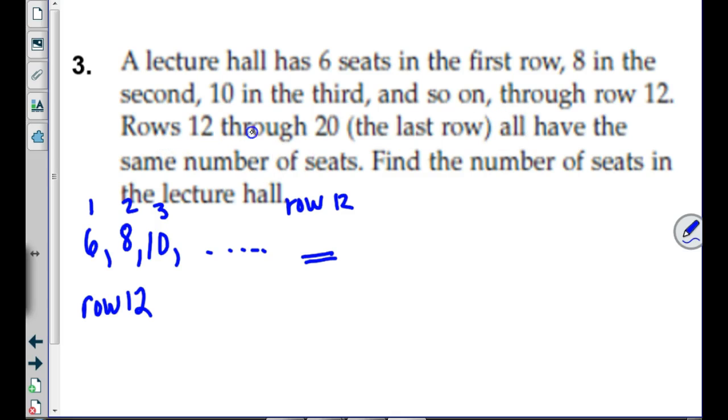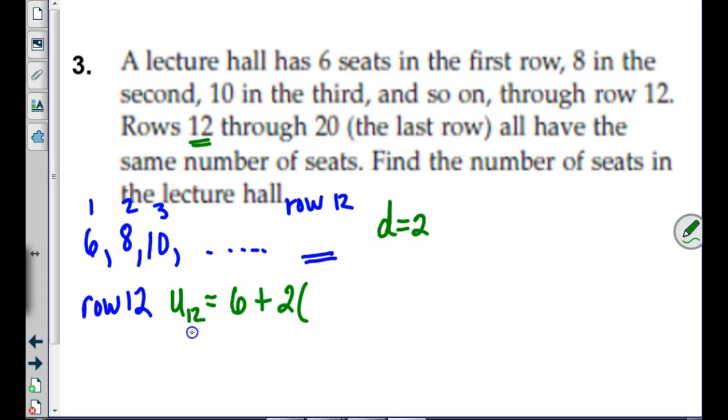It says rows 12 through 20 all have the same number of seats, but we'll go back to that part. How are we going to find row 12 or term 12? Okay, so D is 2, you're telling me? No, we're still on how many seats does row 12 have? We haven't read beyond that yet.